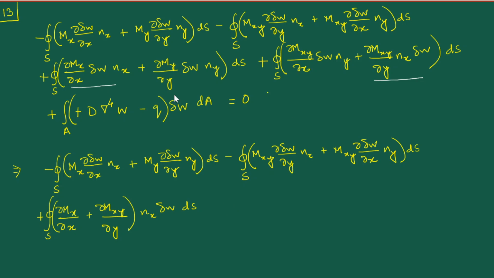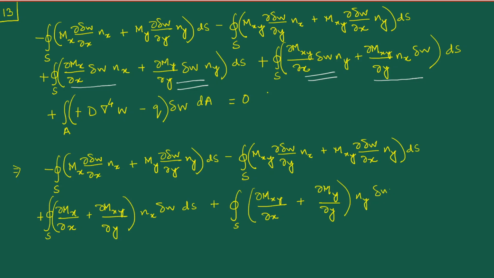And next I'll take this term common with this term, so that I obtain del Mxy del x from here plus del My del y multiplied by ny, which is present over here as well as here, and then the delta w ds, and then I'll have this term.